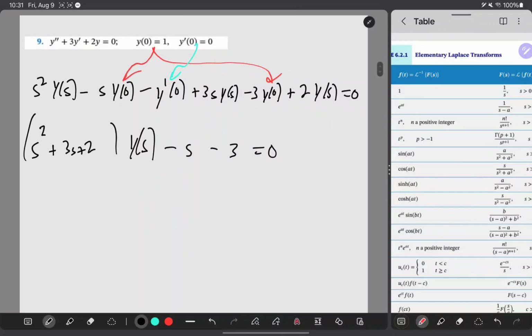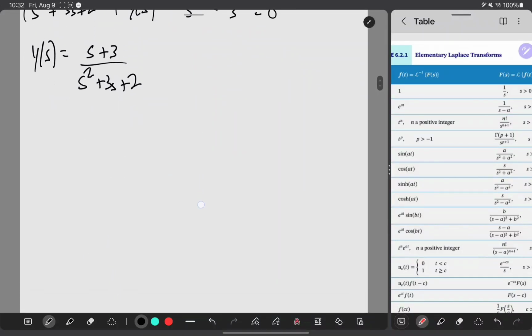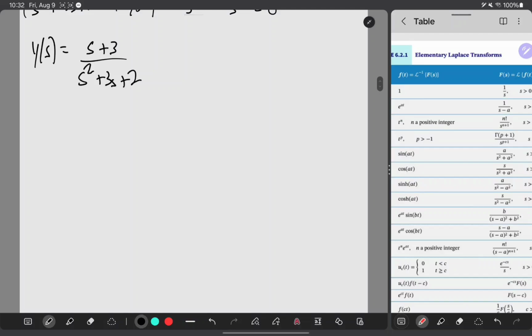So let's solve for Y of s. Y of s is equal to s plus 3 divided by s squared plus 3s plus 2. Now doesn't this look familiar now? So now all that's left to do is take the inverse Laplace.